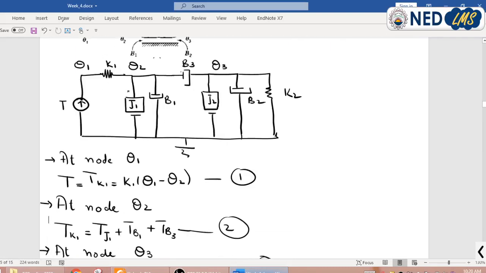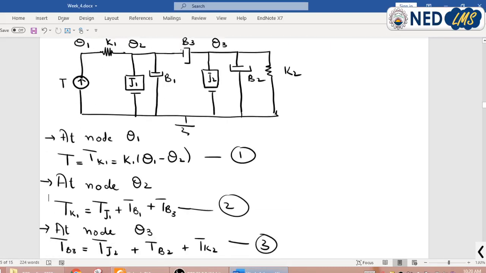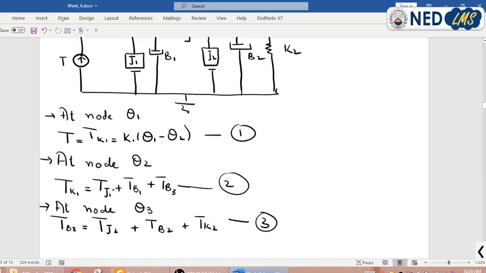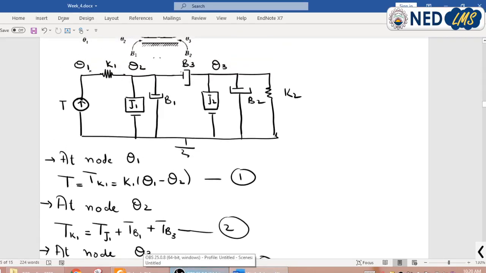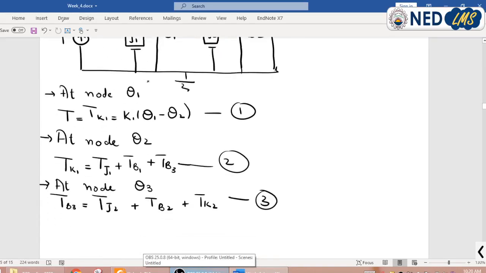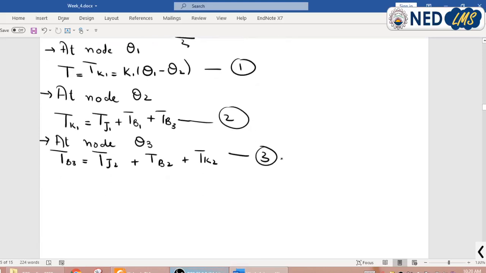So I can replace directly here the T K1 with the input, which means this spring K1 is no more our effective part.